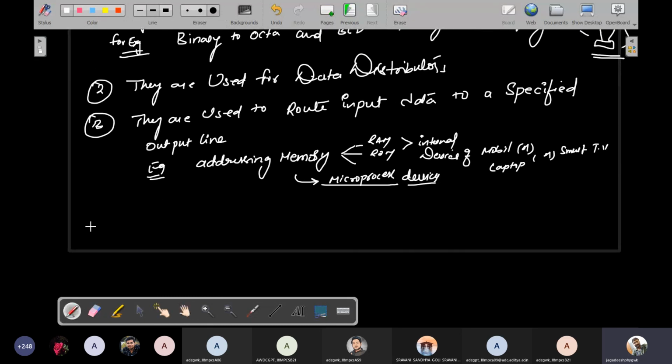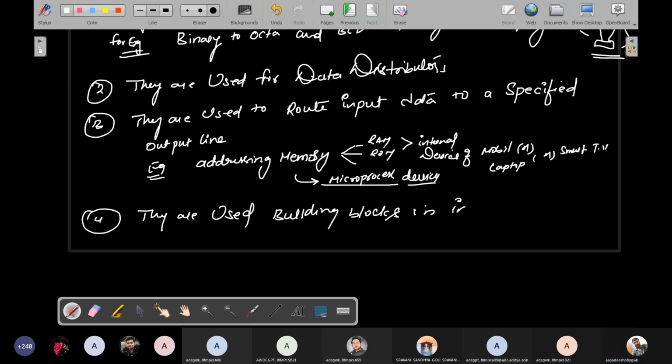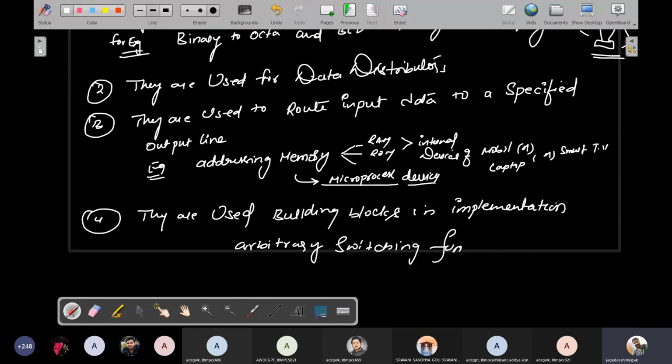So the fourth point, the last point, is they are used as building blocks in the implementation of arbitrary switching functions.